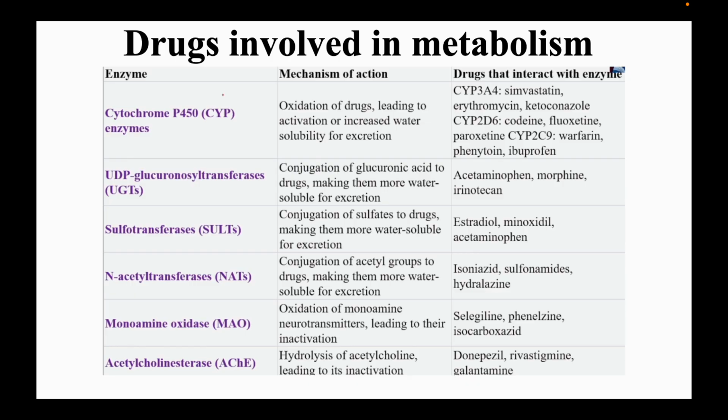In order to excrete all these drugs, we have different enzymes: cytochrome P450, UDP glucuronyl transferase, sulfotransferases, and monoamine oxidase. These enzymes are involved in the excretion or solubilization of the drugs, and then flushing those drugs out from the body.